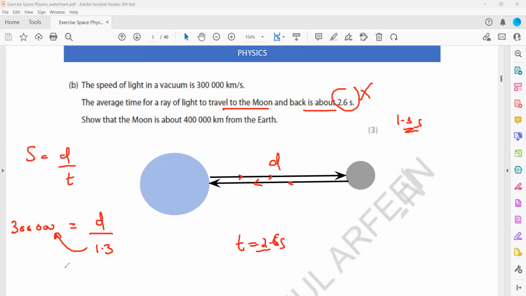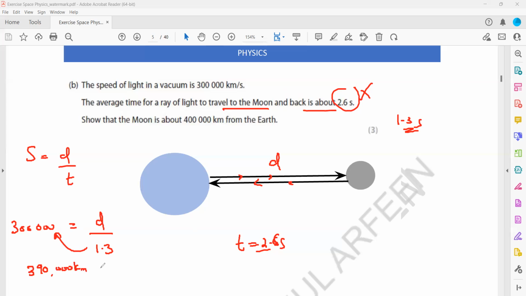What's the answer in kilometers? 300,000 times 1.3. So it will be 390,000 kilometers.